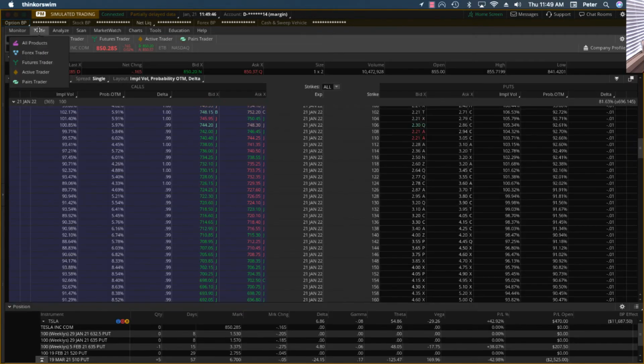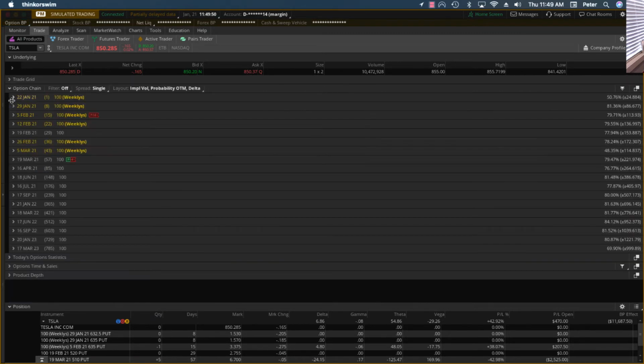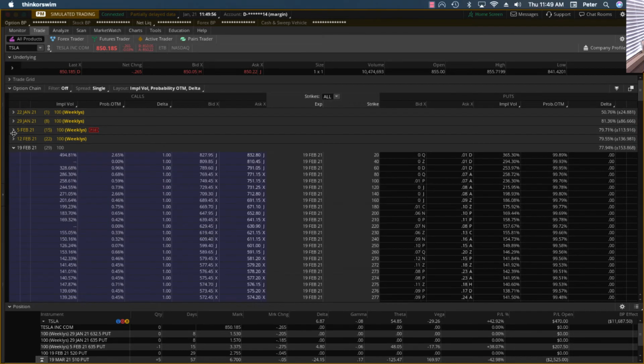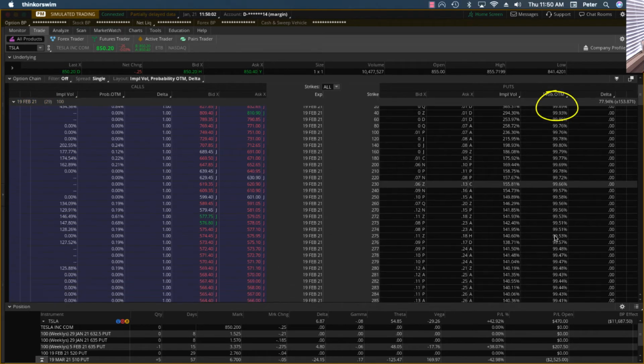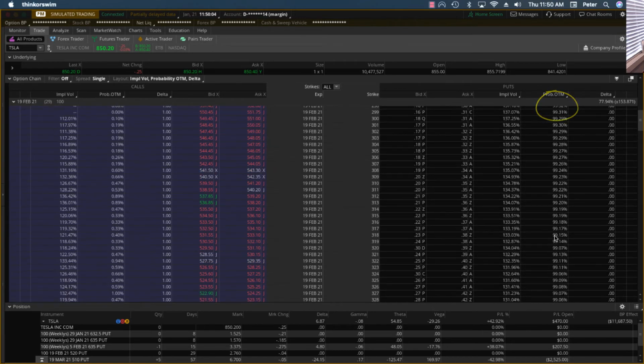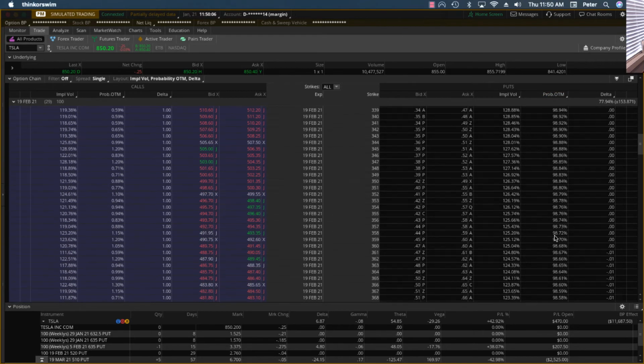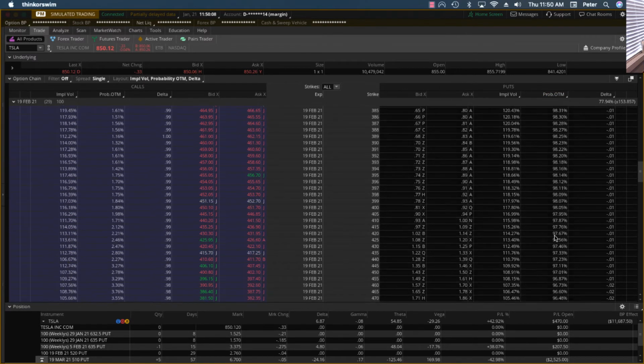Because we're doing a high probability options trade, we have to look at the monthly put first to get our number, right? So we would be looking at the 29 February, that's a month out, and we want the 90% probability out of the money. That's going to give us the strike price for our spread.